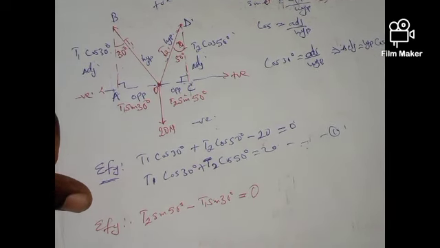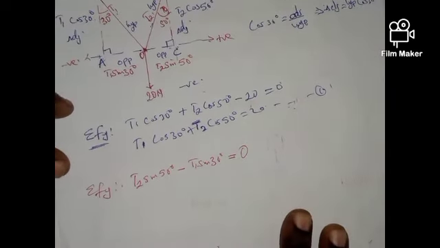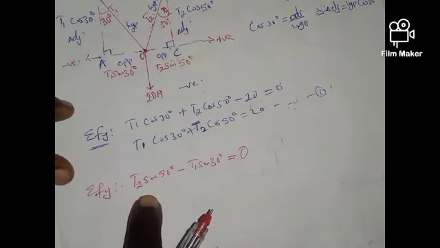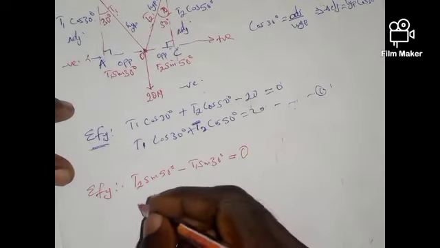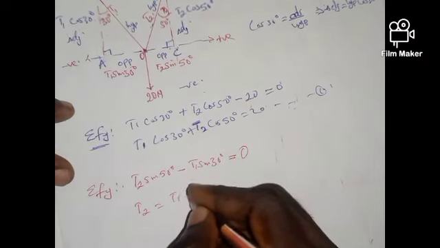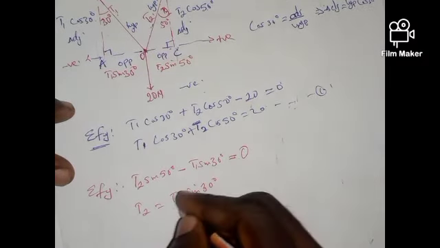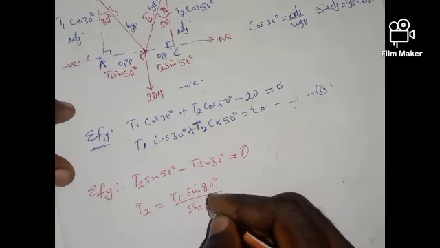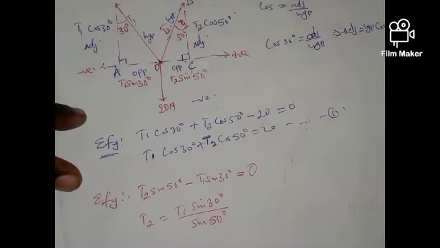From here, I'm going to make T2 the subject of the formula, meaning that T2 is equal to T1 sine 30 degrees divided by sine 50 degrees. That's T2.